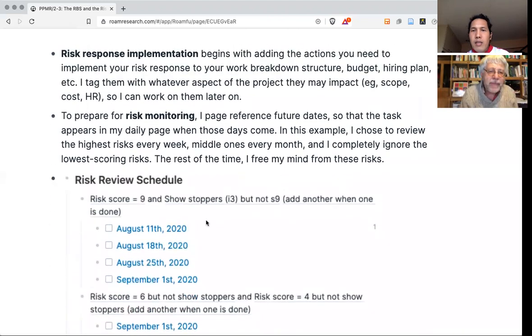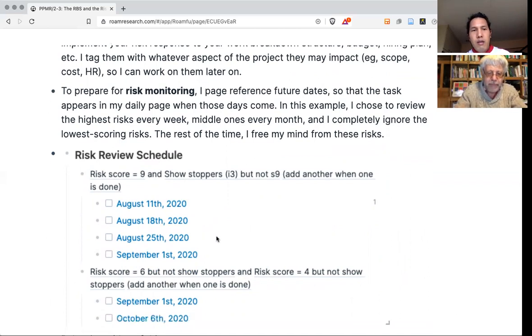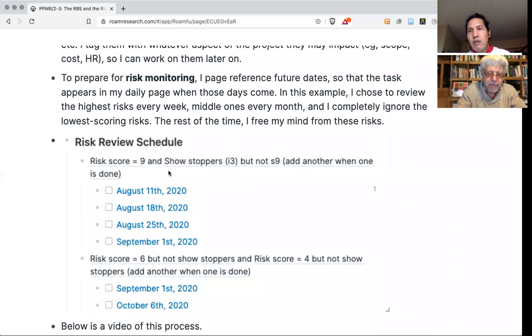And then next is how do you actually prepare or help your future self focus on these things? What I do is that for each level of risk, I schedule reviews. The highest scoring risks, I schedule weekly reviews for them.